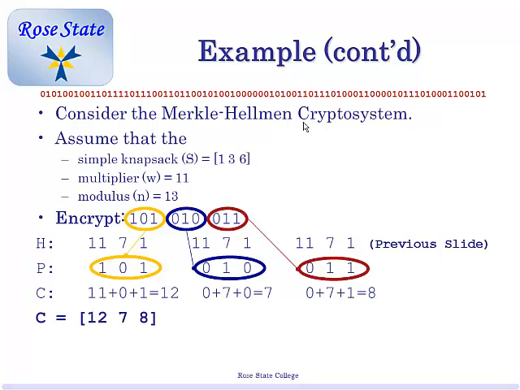If I had a 200-digit hard knapsack, I could do 200 digits at a time. We're just working with small numbers here. And we end up with 12, 7, and 8. So I send Carol 12, 7, and 8. And her having that key, she can decrypt it.